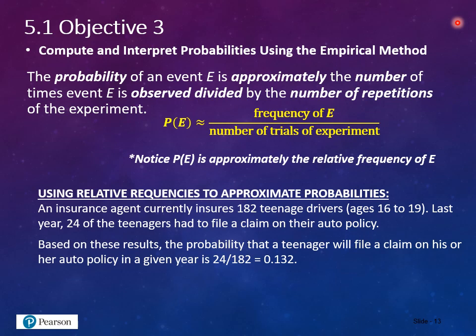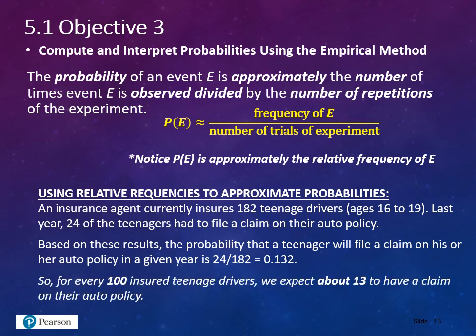Based on these results, the probability that a teenager will file a claim on his or her auto policy in a given year is the 24 that filed last year, the frequency of this event E, teenagers filing a claim, divided by the total number of observations, and we had 182. So we have 24 divided by 182, so we get an approximate probability of 0.132 or 13.2%.